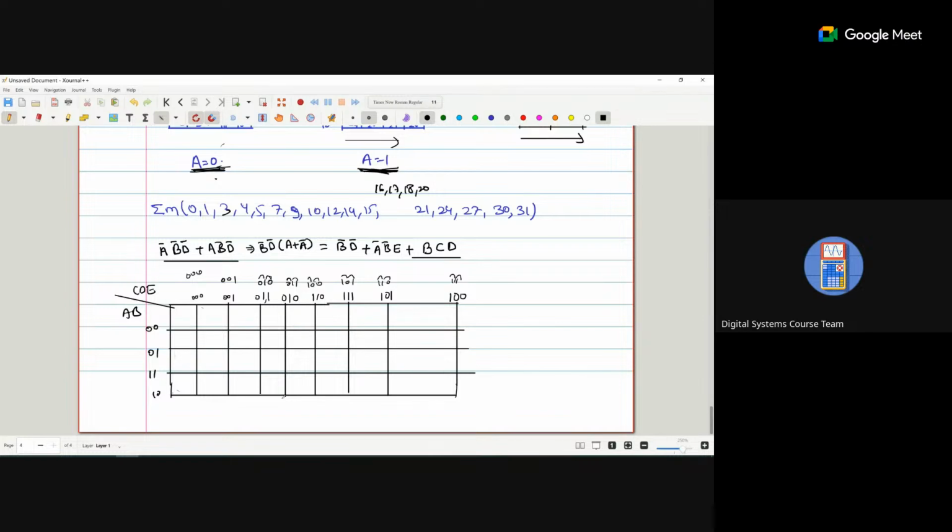Okay, now you have to write a number. So this is the 0, 0, 0, 0.